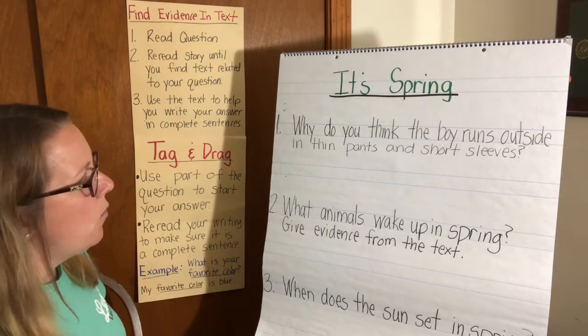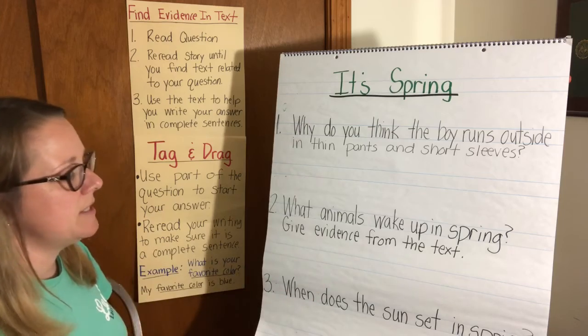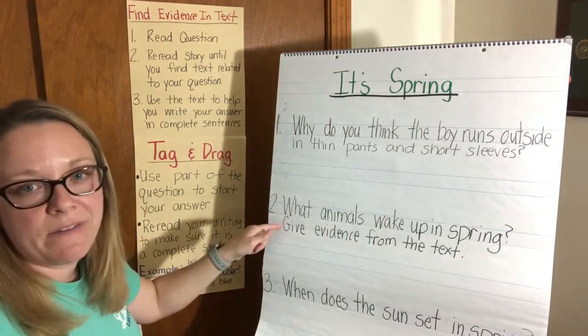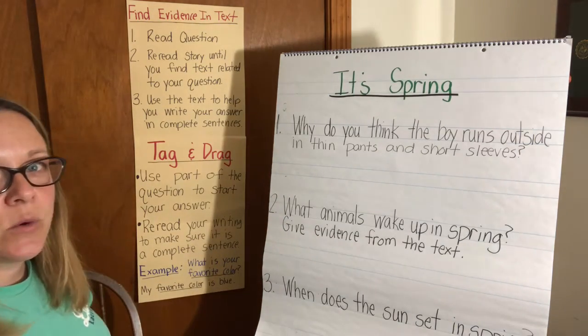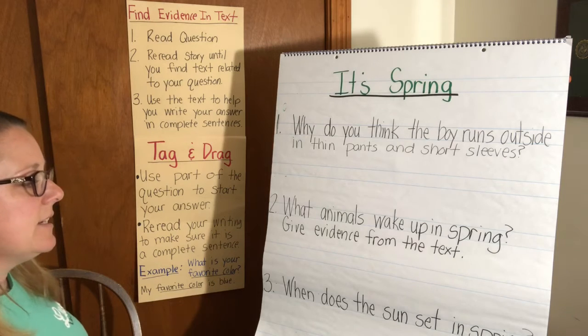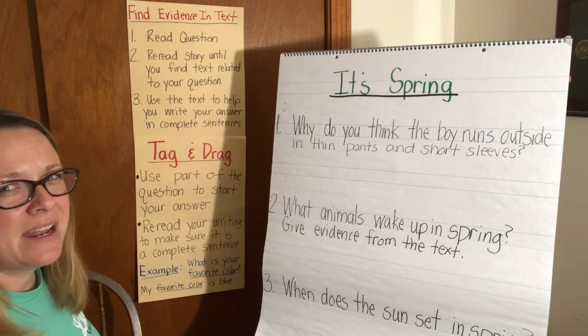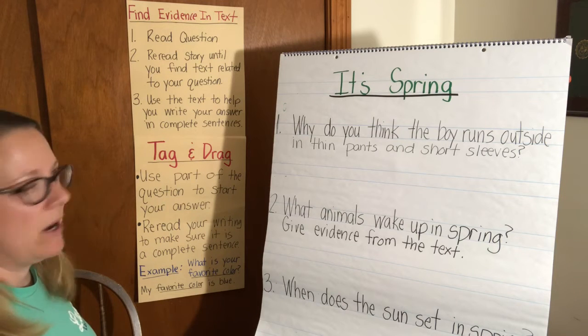Number 2, what animals wake up in spring? Give evidence from the text. Ooh, so I can't just think about what I know. I have to actually find the animals listed in the story. Okay, and then the third question says, when does the sun set in spring? Ooh, I don't know that, but I know I could find it in the text. I do remember reading about it.